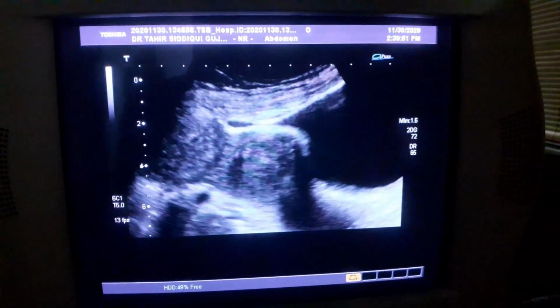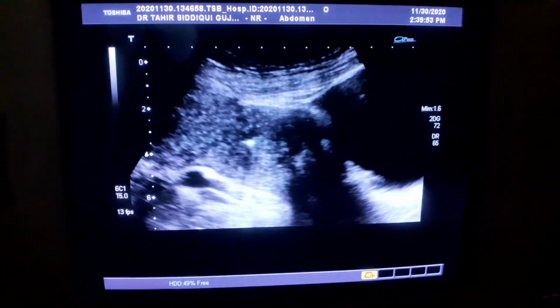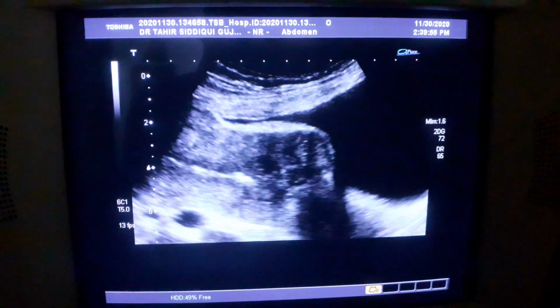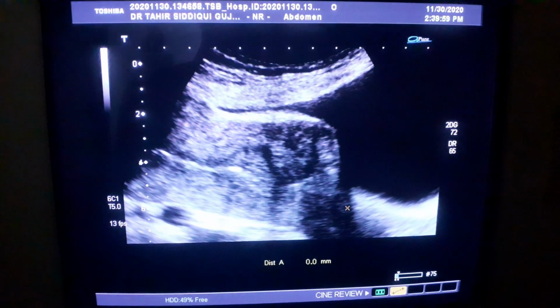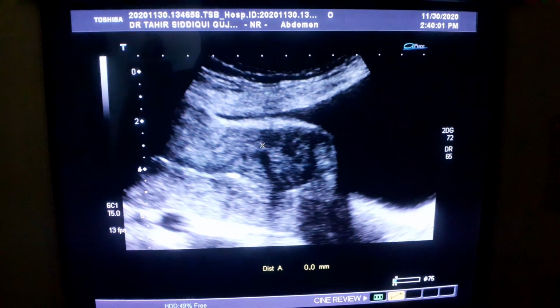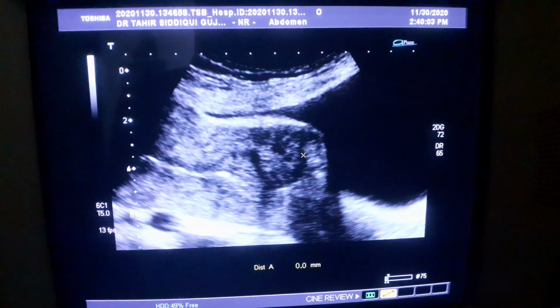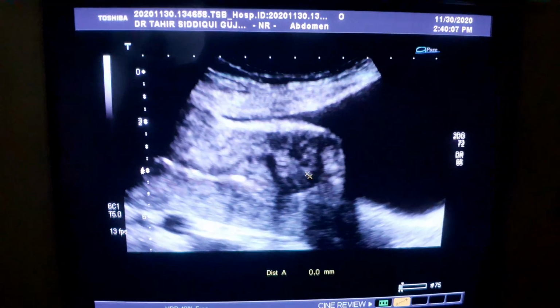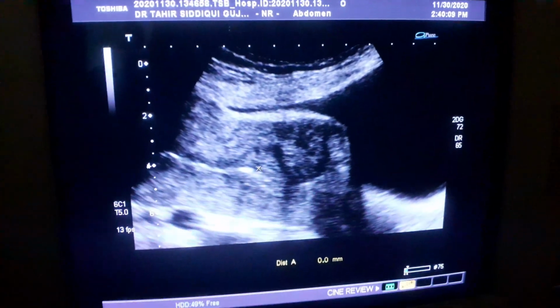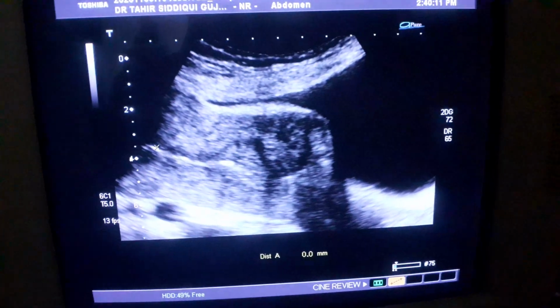The cervix is normal. You see, this is the cervix, this area. And this is that area which I am saying is either an abscess or a collection of bleed, etc., due to injury communicating with the endometrial canal.